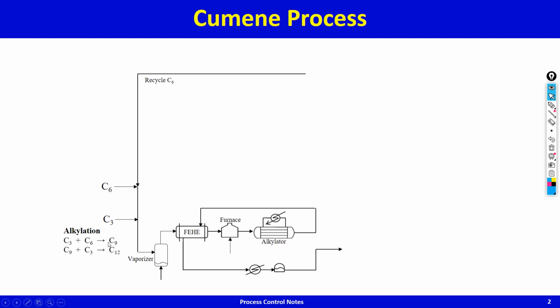So 95% of the C3 goes to C9, 5% goes to C12, something like that. Okay, that's the way the process is designed. The reactor effluent is hot with some unreacted propylene. Maybe the single pass conversion of propylene may be of the order of 95, 97, 98%. And this hot reactor effluent is preheating the cold feed.